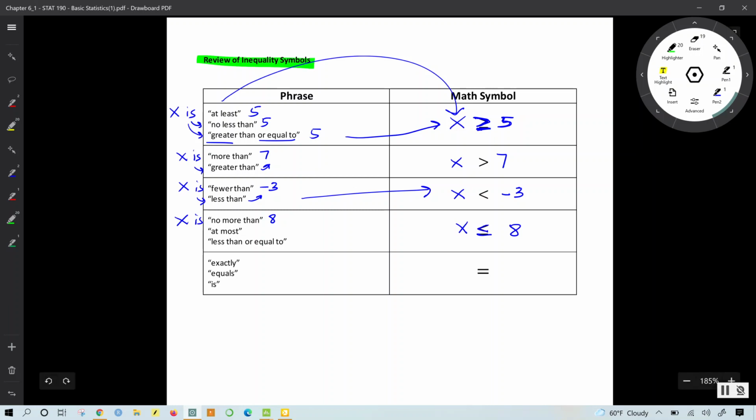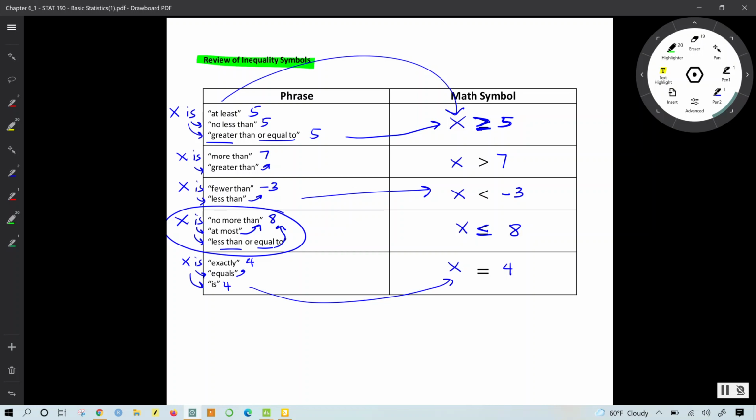It can only be lesser. This is the same as saying x is at most 8, x is less than or equal to 8. All of these expressions are equivalent. Then what about if we have x is exactly 4? That would be x equal to 4, or x is 4. All of this can be written this way. Soon, you'll see why this is relevant.